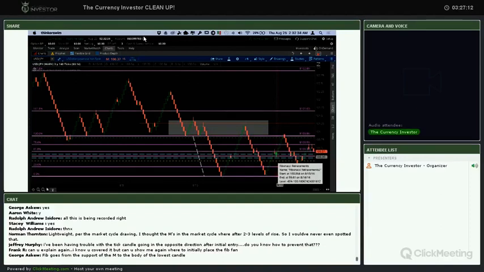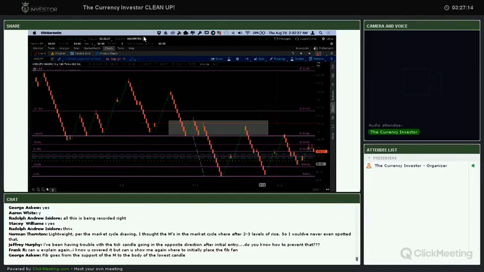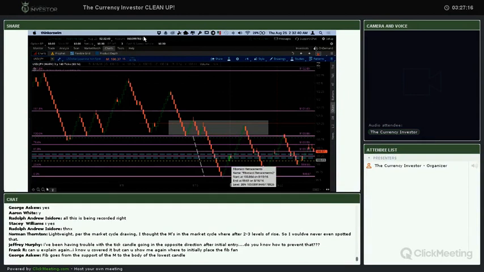It holds above the 38.2, retraces, right? You see how now the retracement is a little bit higher. Before it was directly on the 38.2. Now it's above the 38.2.